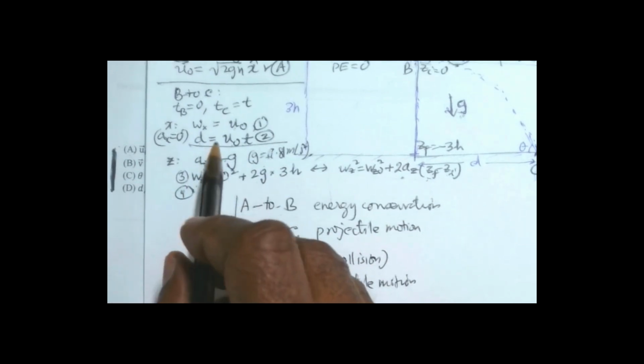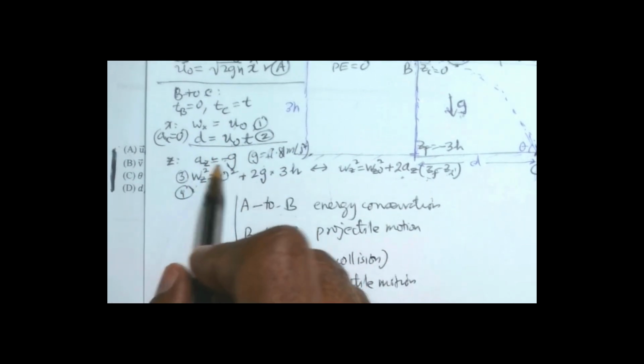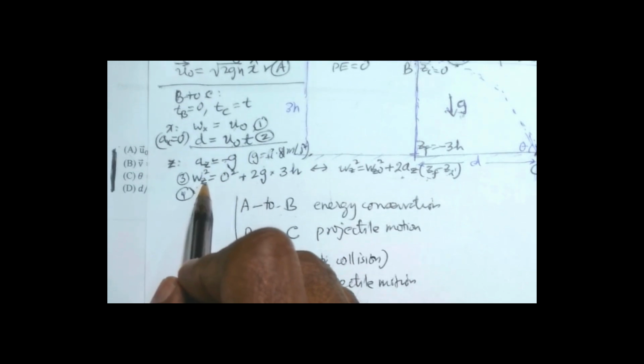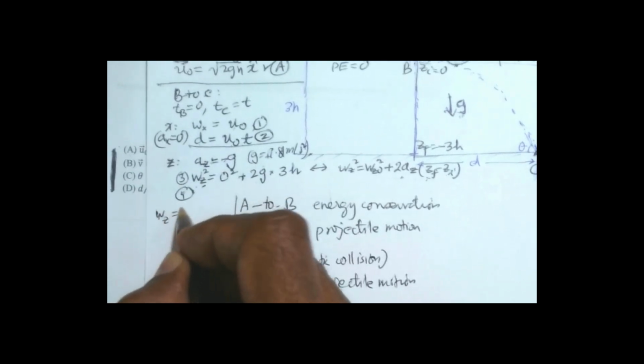So here wz is going to be two values. Wz will be plus or minus square root of 6gh, right?